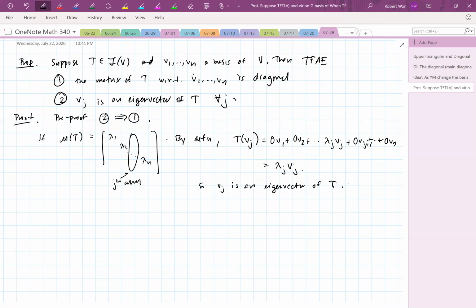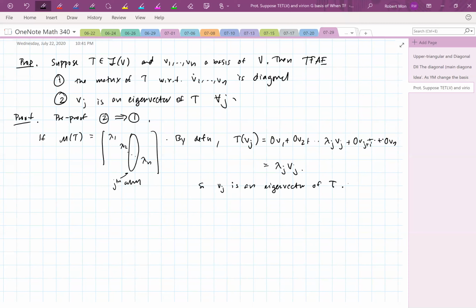And you ask like, well, why the heck would I want to write A as PDP inverse? The real point is that the P and the P inverse were change of basis matrices, which changed you to a basis of eigenvectors. So the matrix of the linear map was a diagonal matrix. So now when you think about diagonalization, what you're thinking about is changing the basis of V to make the matrix of T nice.